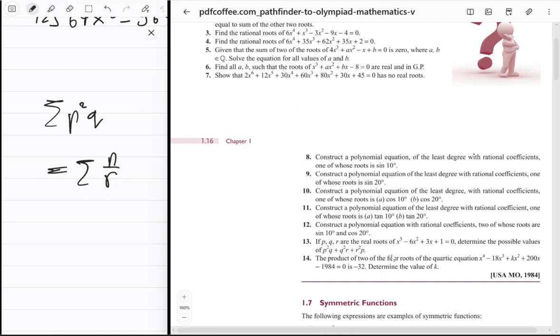Okay, give me something that I can use. So p plus r equal to 6. Maybe that's going to work. No, that won't work. Okay, going the other way around, maybe we can do that thing, but the possible value of this thing, huh? Where do I even start on this?